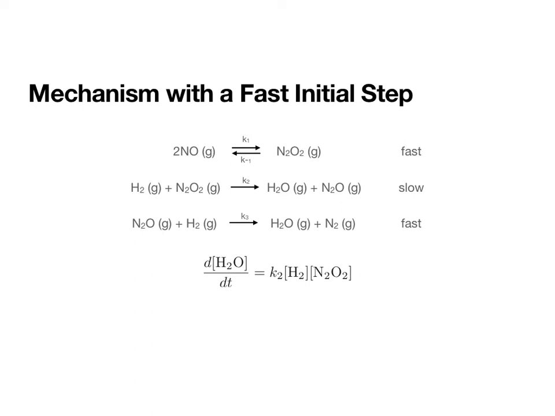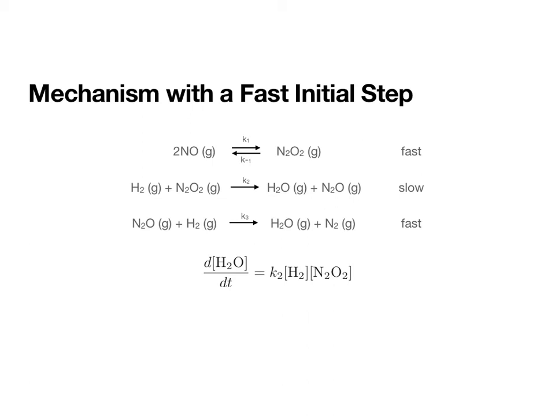Now, if our first step is not our rate determining step, we're going to have to do a little bit more work. So in this example, we have a fast step. Our first step is fast, our second step is slow, and our third step is fast.